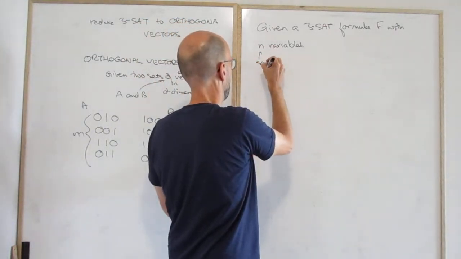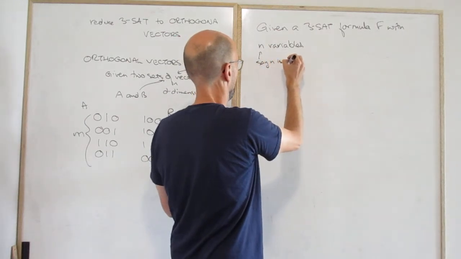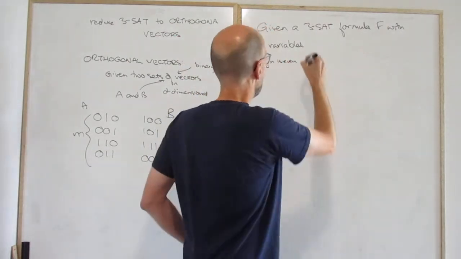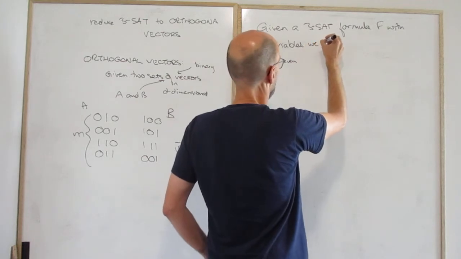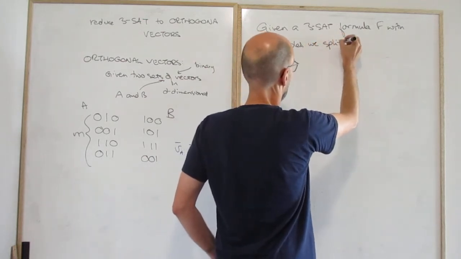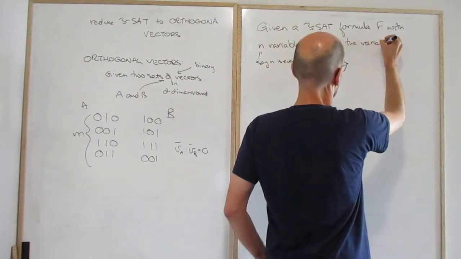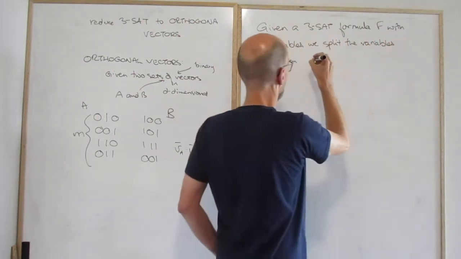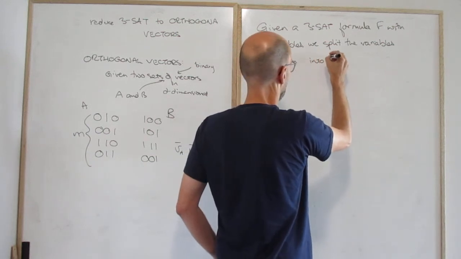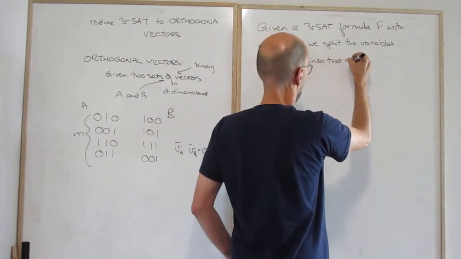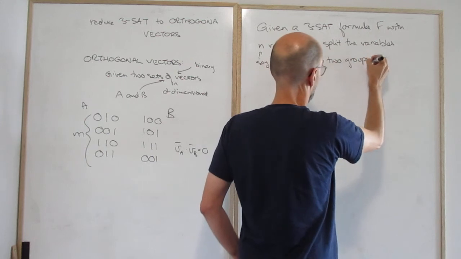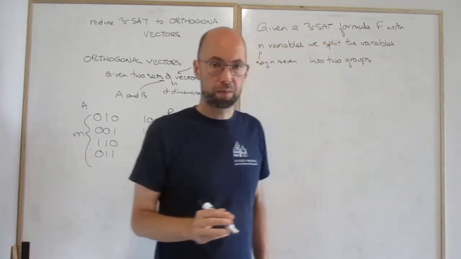Say n is even. We split the variables into 2 groups, right?